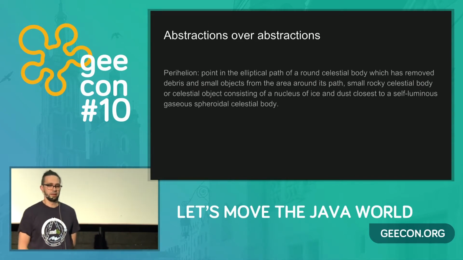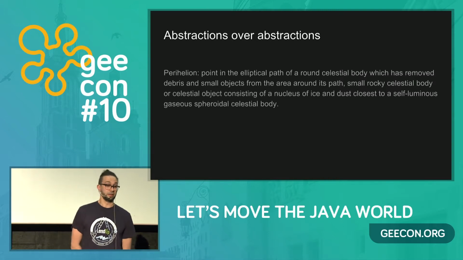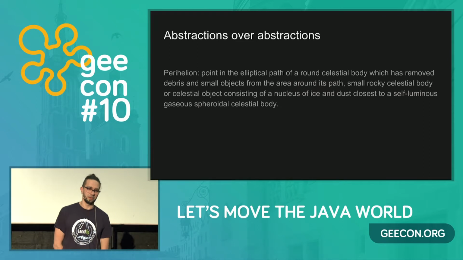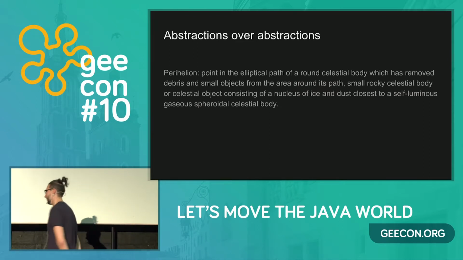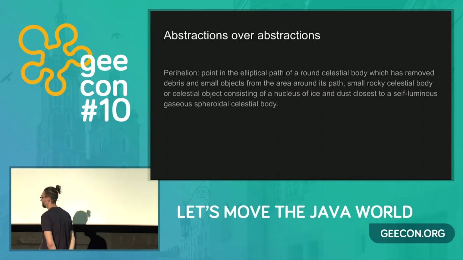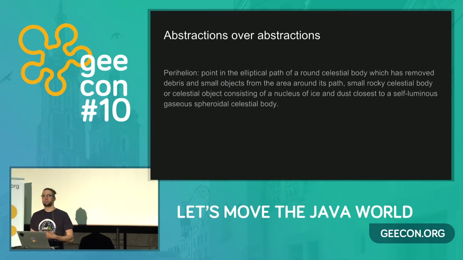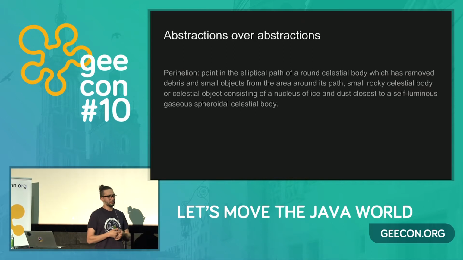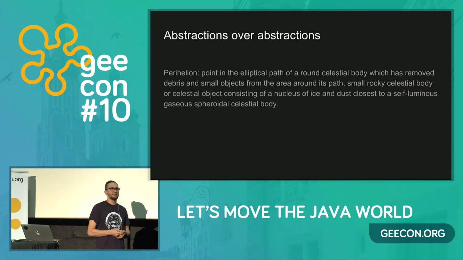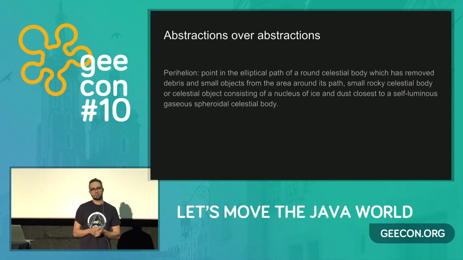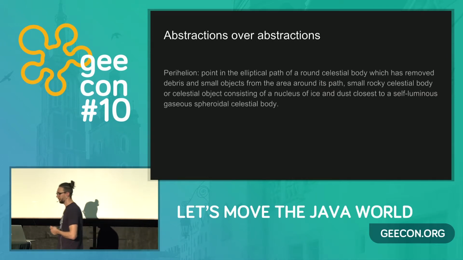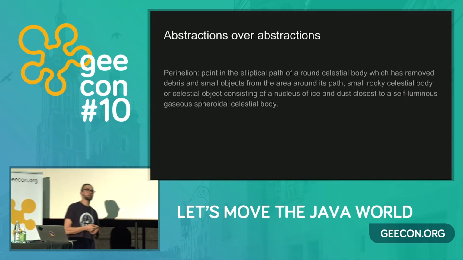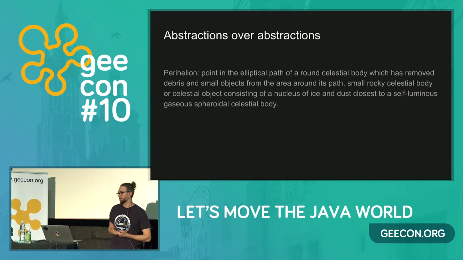Small rocky celestial body or celestial object consisting of a nucleus of ice and dust closest to a self-luminous gaseous spheroidal celestial body. Now, I hope you can already observe the complexity that such low-level communication introduces. And this is why we need abstractions in the everyday language that we speak, but also in software.